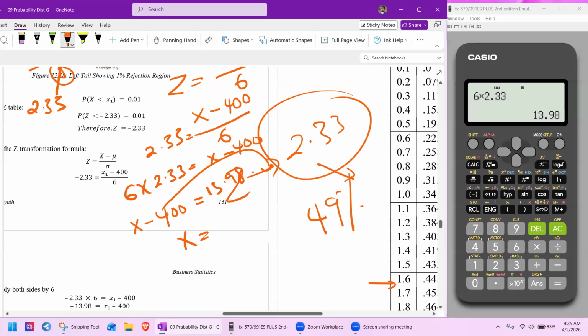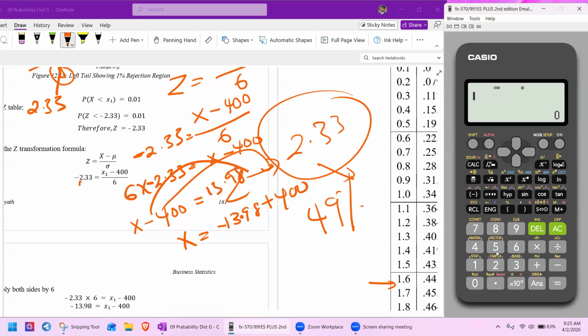But keep in mind, this is minus, because it is to the left side. I'm sorry, I forgot it. So actually this is minus 13.98, and we bring this here, now it is 400.